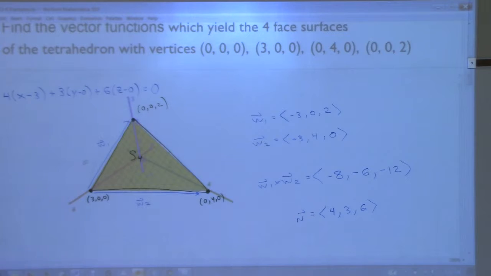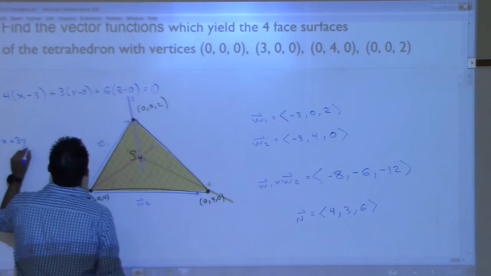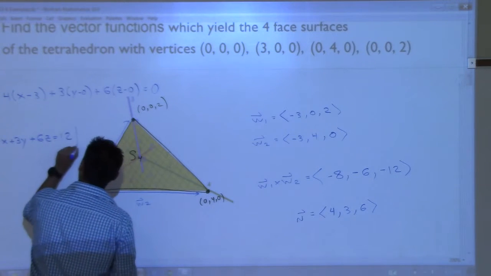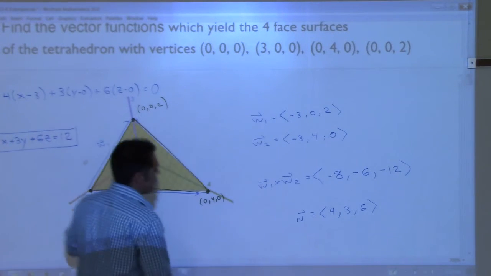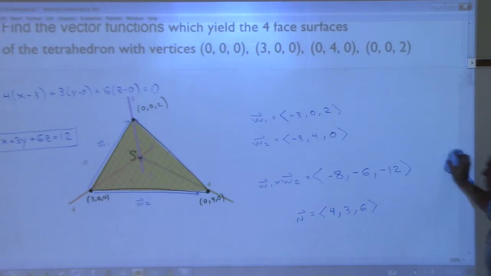So my plane equation is 4x plus 3y plus 6z equals 12. That is the equation of that plane. Are you with me? All right. I'm going to erase all this. I'm just going to leave the plane equation up there.